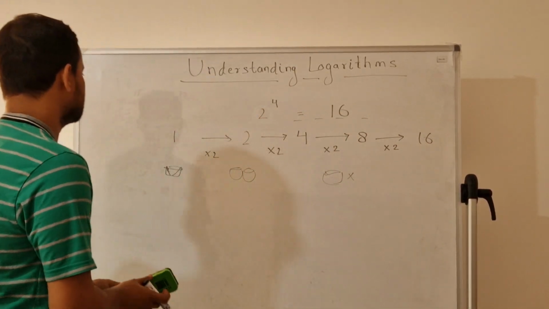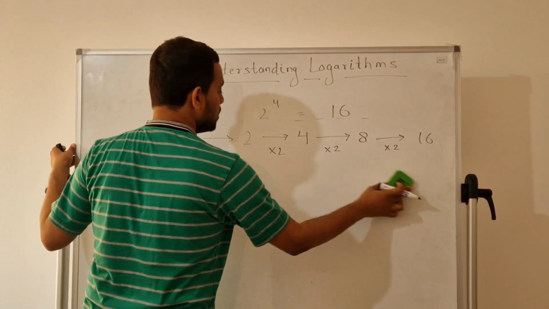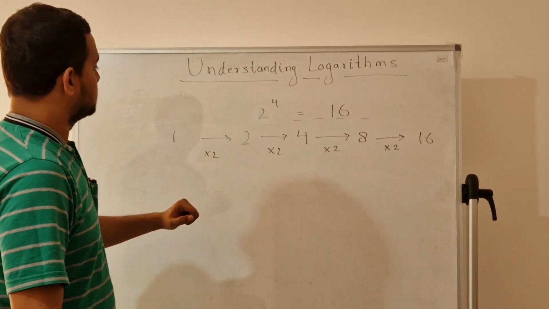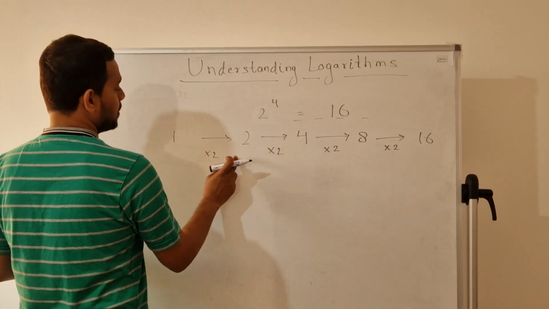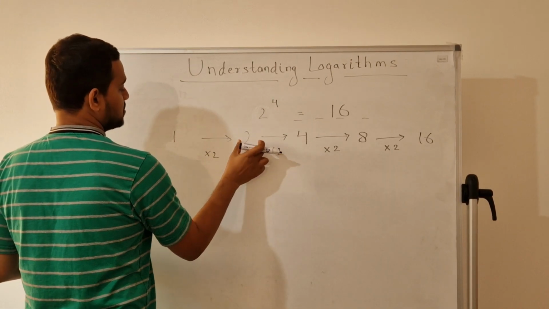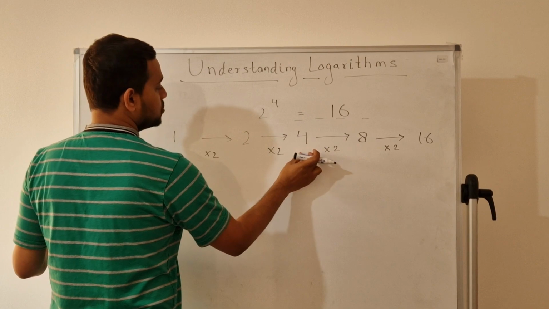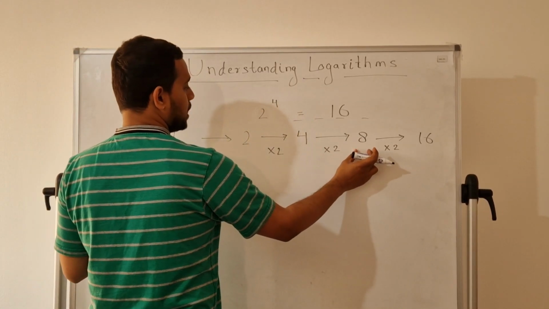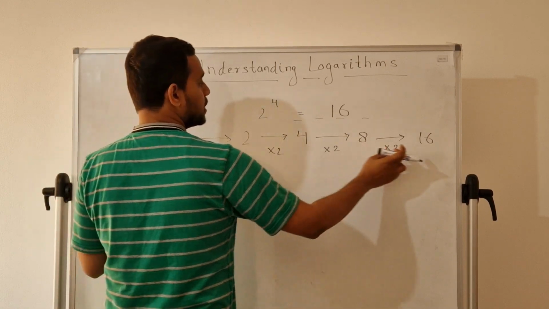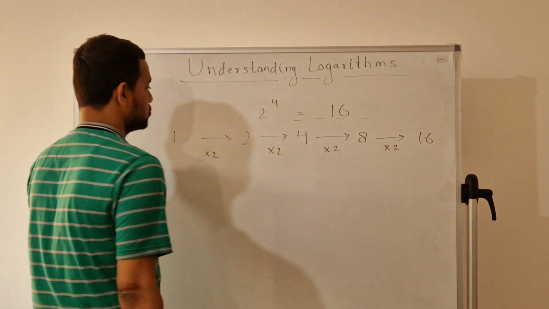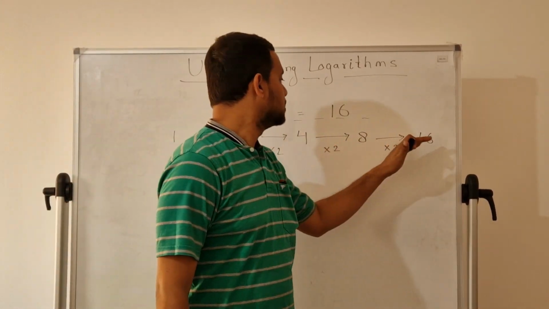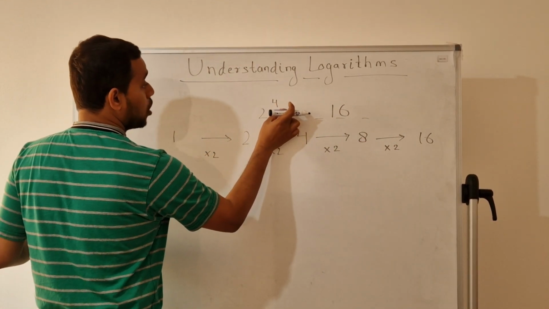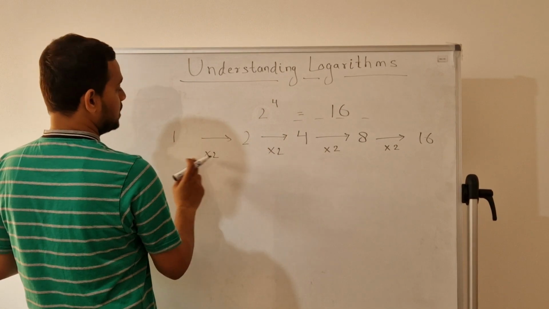What this means is, in a way, what you have is a doubling machine. First time you doubled it, you got 2 times whatever you had. Then you doubled it, whatever you had became 4 times. Then you doubled it again, it became 8 times. Then you doubled it again, it became 16 times. So what you have is a doubling machine. Basically, every time you double it, this number tells you how many times you doubled it. Here we doubled it 4 times.